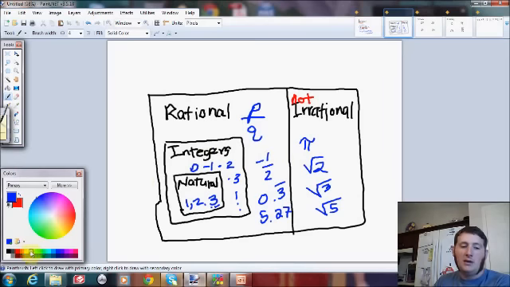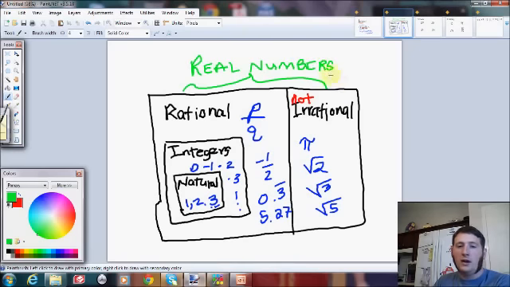And then if you take all of this together, that's going to be what we call the real numbers. That gets us all the numbers on the number line.